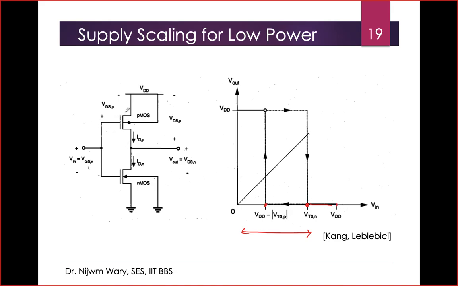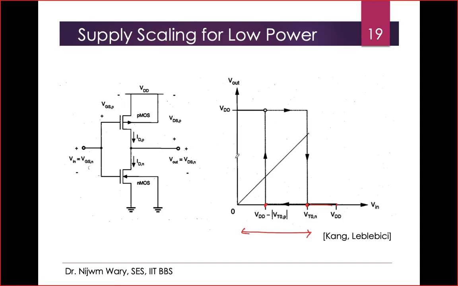It will not satisfy the threshold voltage requirement of the PMOS device. Of course, the VGS should be greater than the threshold voltage of the PMOS device. Then only this will be turning on. So it has to come all the way to this point to start switching.